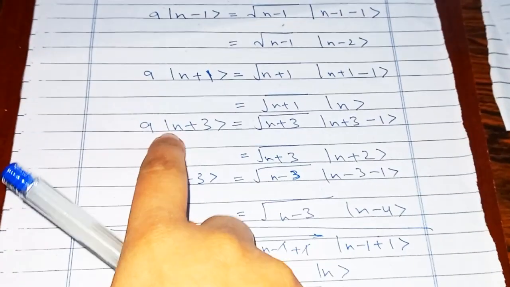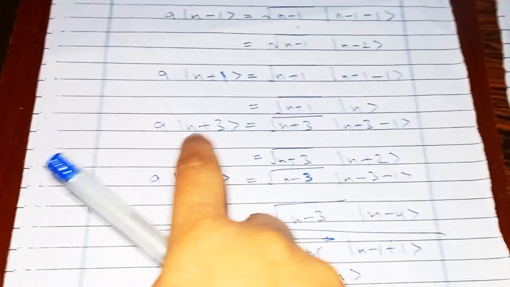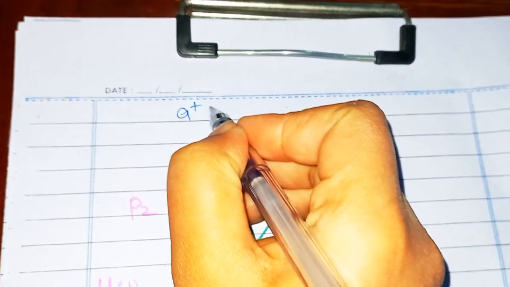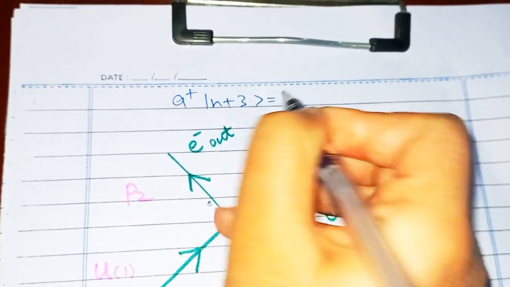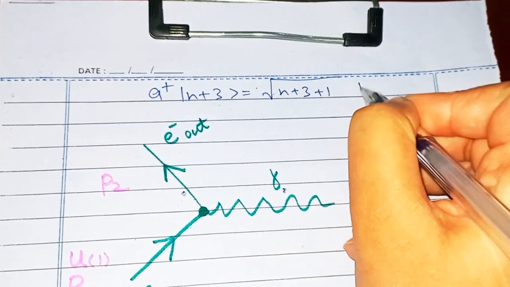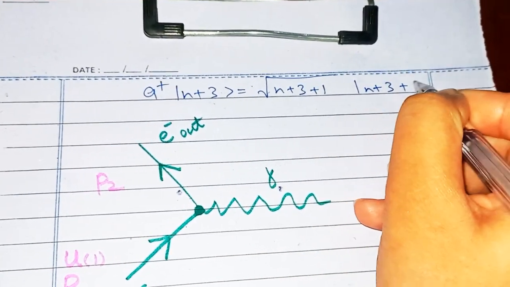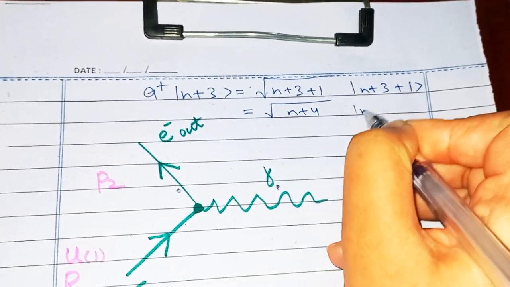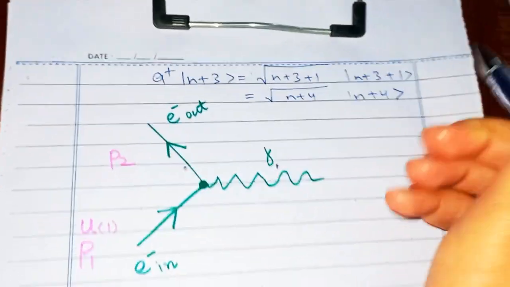Now third is the raising operator applied on n plus 3 ket. So what we got is under root n plus 3 add 1, n plus 3 add 1, so n plus 4, n plus 4.